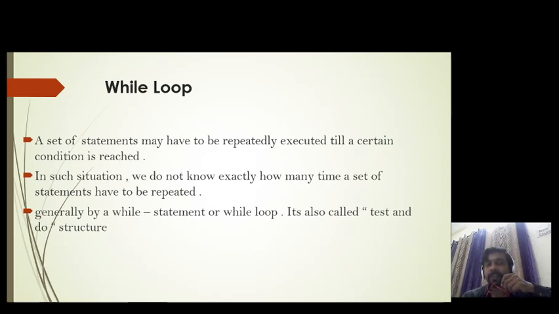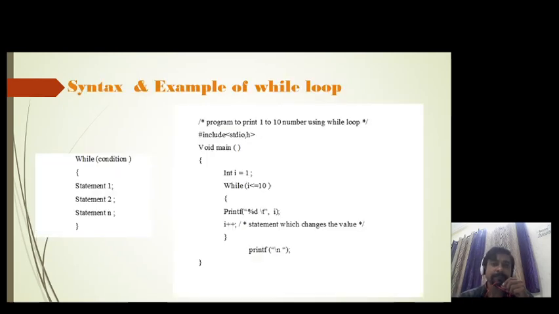Please try to understand the difference between the while loop and the do while loop, because both are almost similar. We can perform the same task by means of a for loop, while loop, or do while loop, but the do while loop executes once and then evaluates the condition.